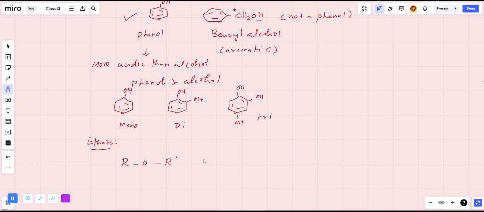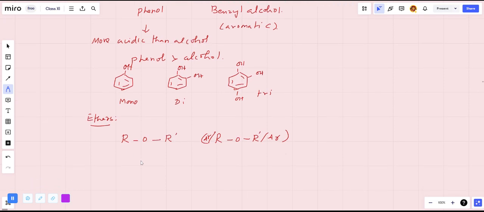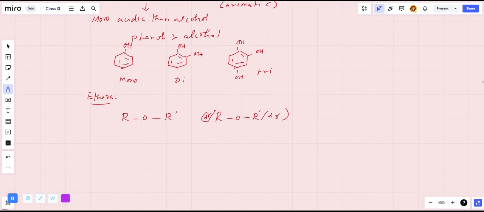So that is R O. This may be an alkyl or aryl, and this is also an alkyl or aryl. So this is the structure of ethers. If you take ethers, it may be simple or symmetrical, or unsymmetrical.